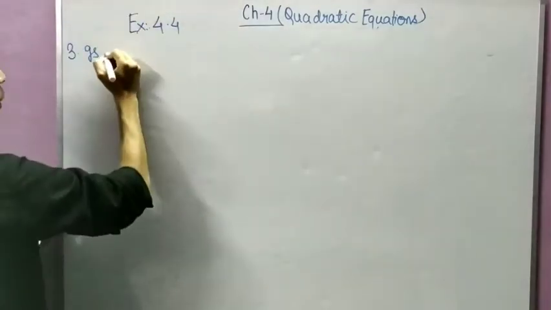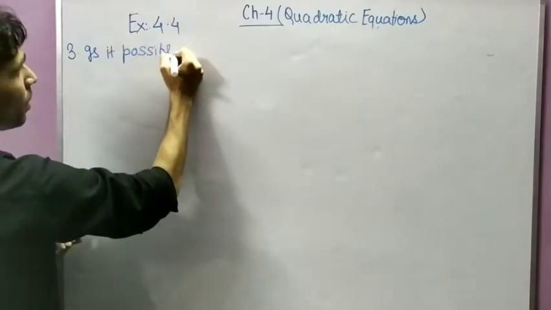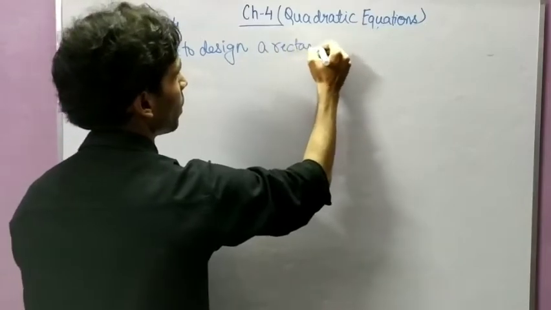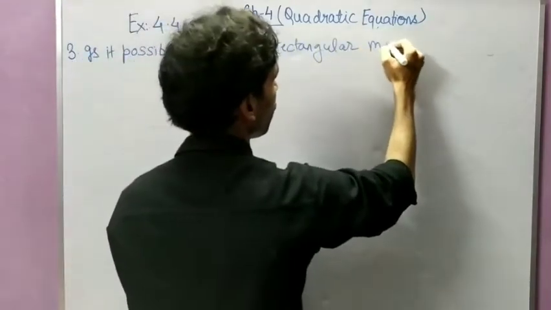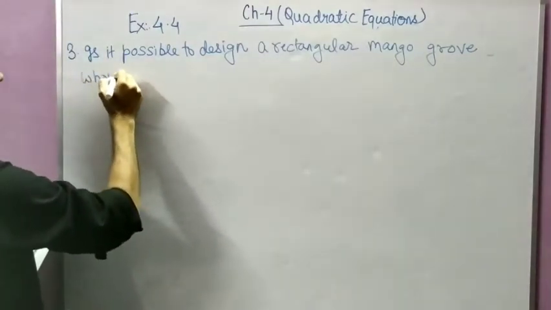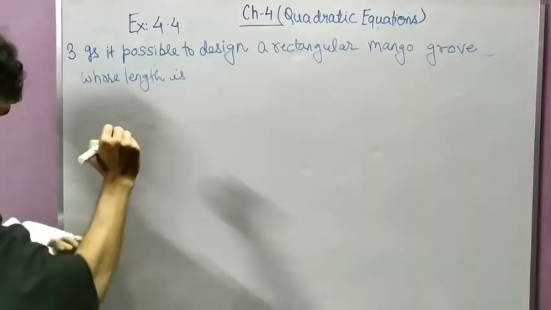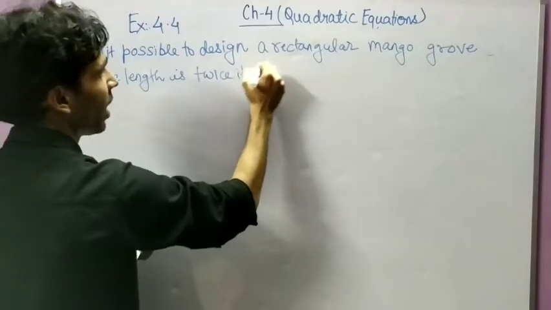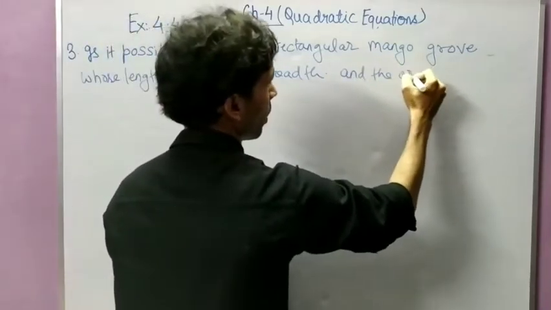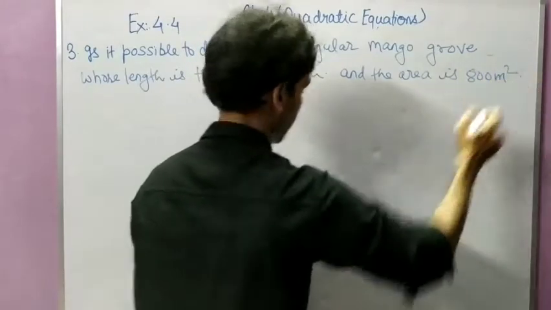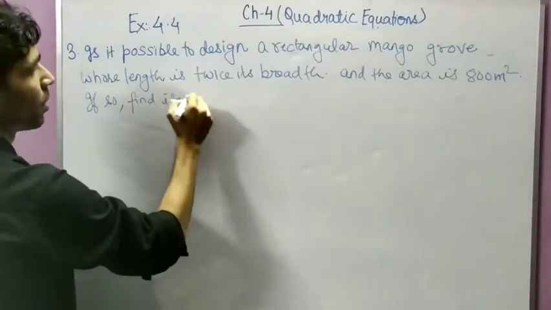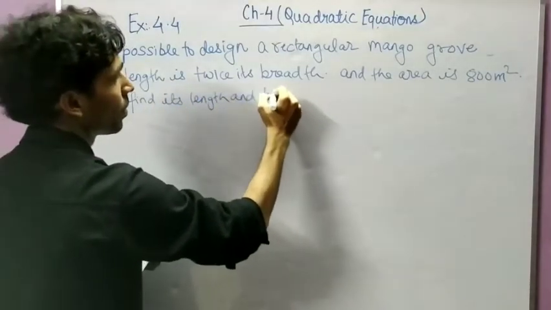Is it possible to design a rectangular mango grove whose length is twice its breadth, and the area is 800 meter square? If so, find its length and breadth.